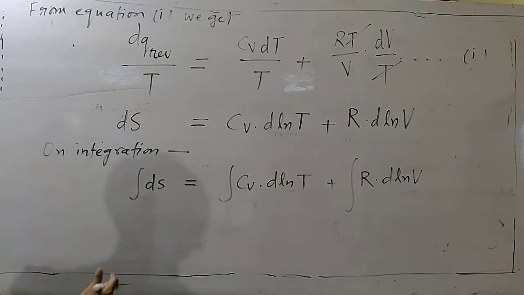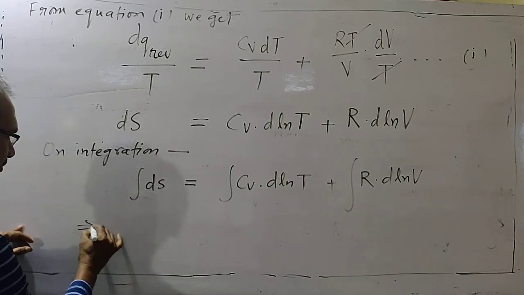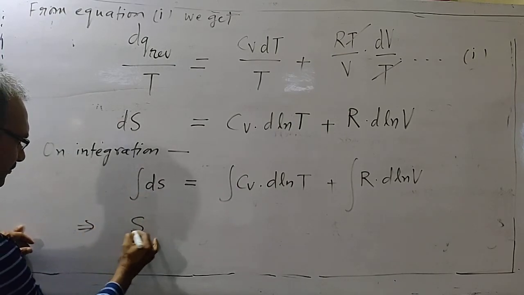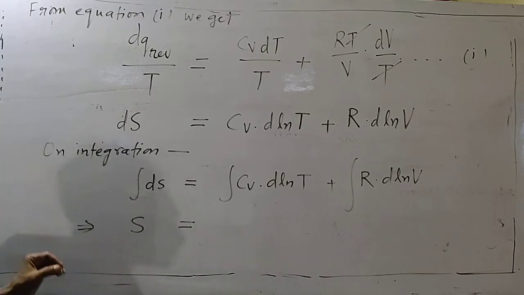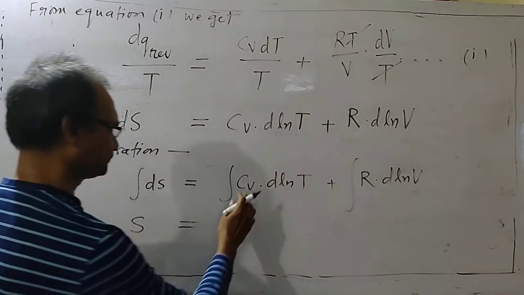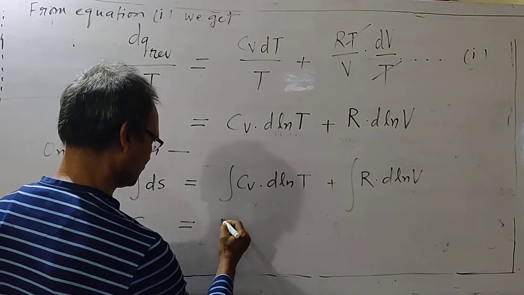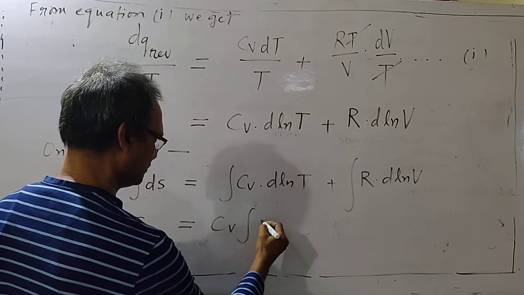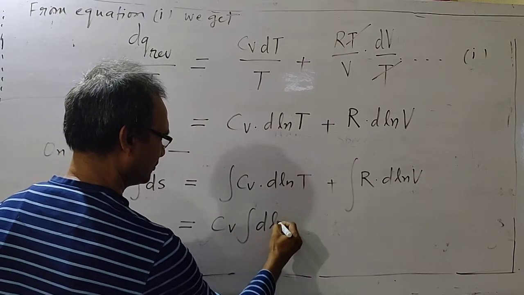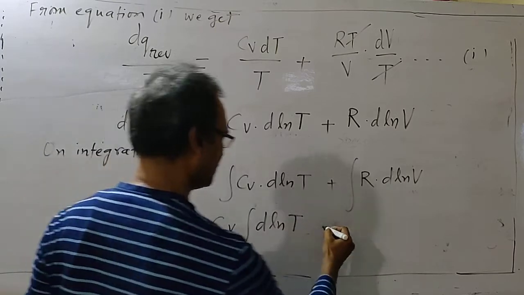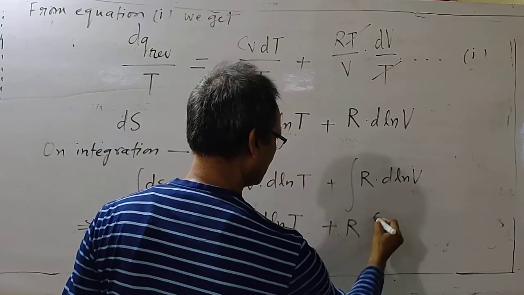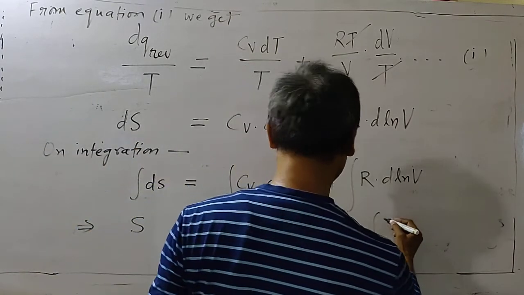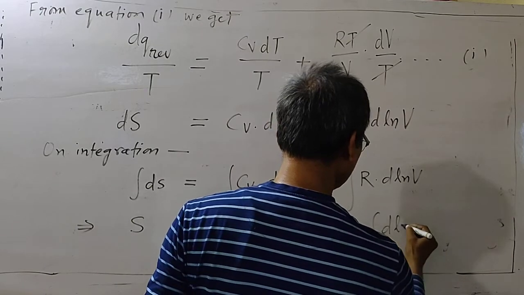So on integration, S is equal to Cv integration of d ln T plus R integration of d ln V.